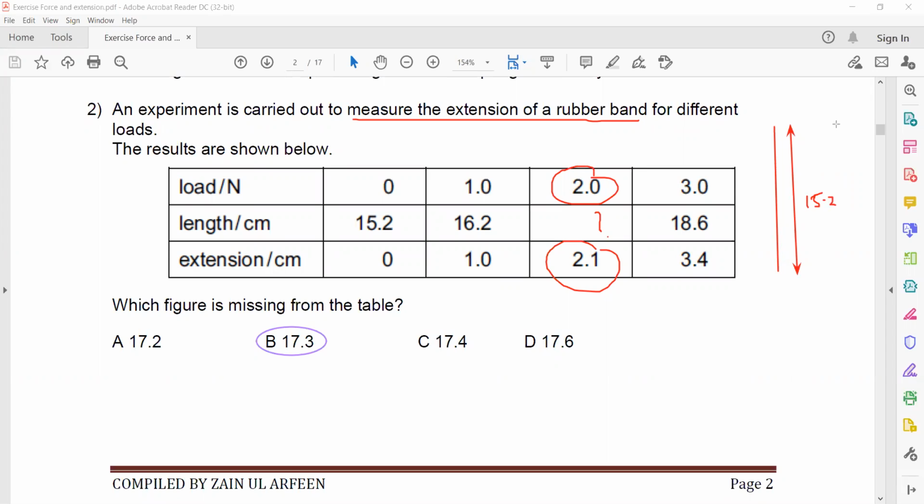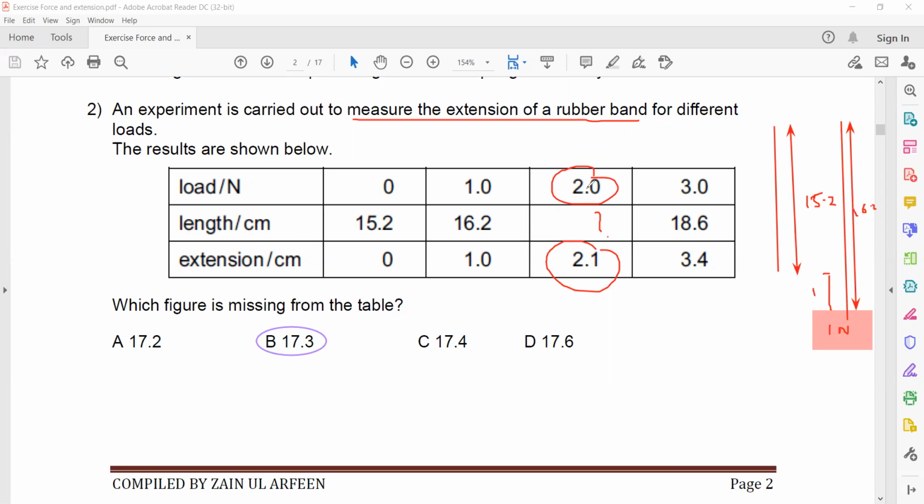When we add a load of 1 Newton, the total length is now 16.2. So how much is the extension? The extension is 1.